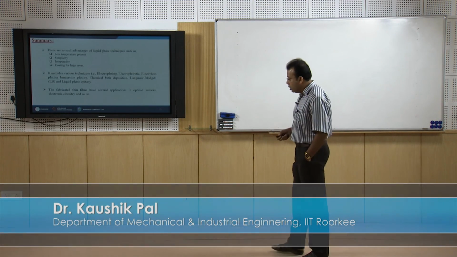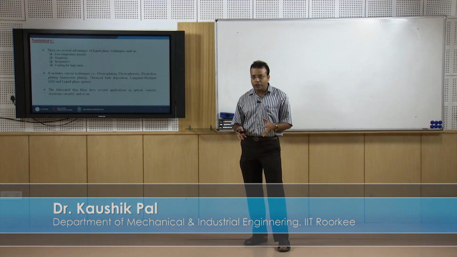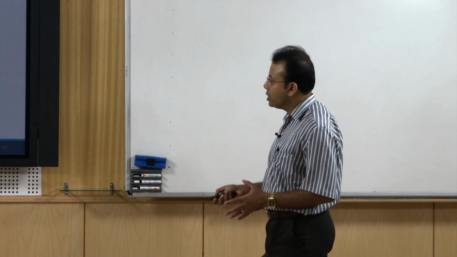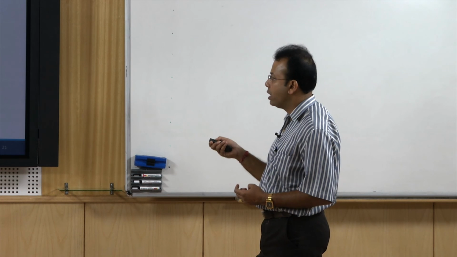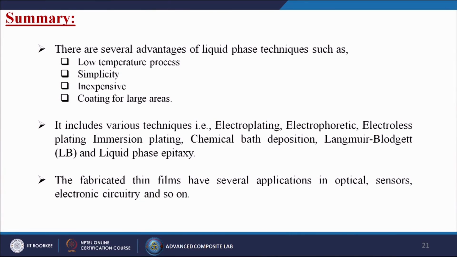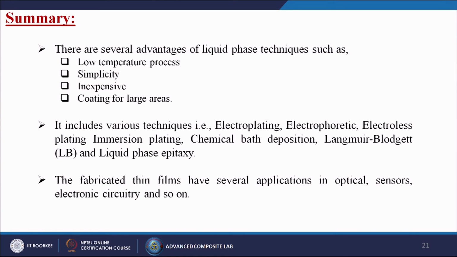Now it is time to summarize these lectures. We have already discussed the several advantages of liquid phase techniques, such as low temperature process, simplicity, inexpensive, and coating of large areas. It includes various techniques like electroplating, electrophoretic deposition, electroless plating, immersion plating, chemical bath deposition, Langmuir-Blodgett films and liquid phase epitaxy.